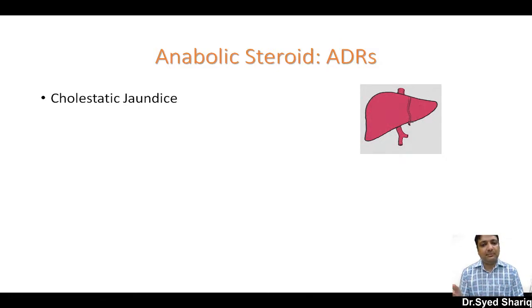This is the main culprit here, and it is more pronounced with those steroids in which the 17 alpha alkyl group is there. So the IM steroids might have a different ADR profile. At least they have less chance of getting cholestatic jaundice.